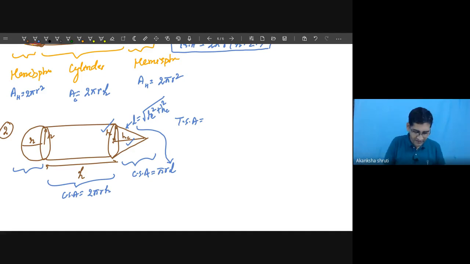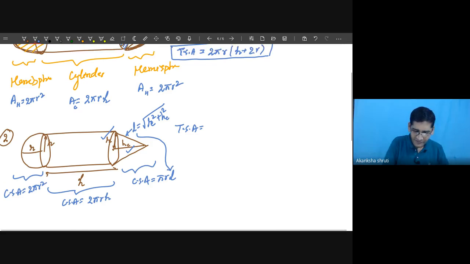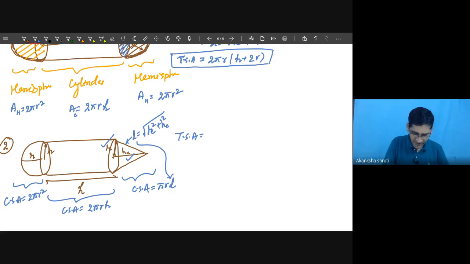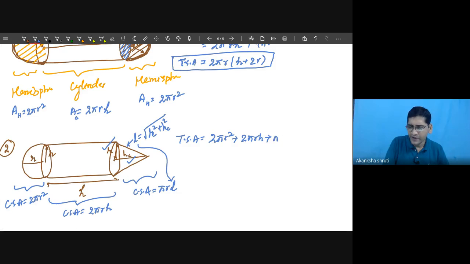And this is the circular and hemisphere. So the CSA of the hemisphere is 2 pi r square. Add all these three parts together: 2 pi r square, 2 pi r h, plus pi r l. Pi can be taken out and r is also common.